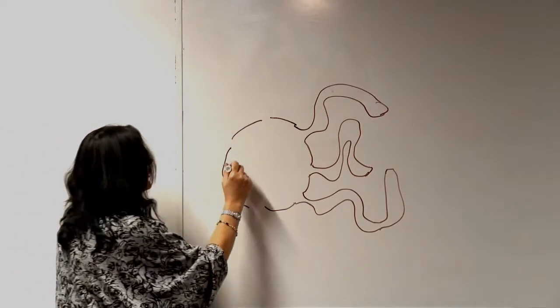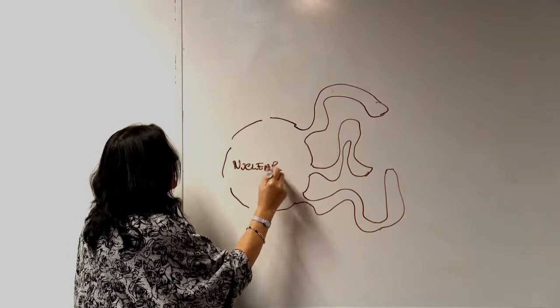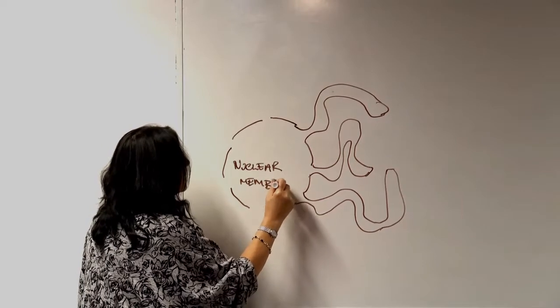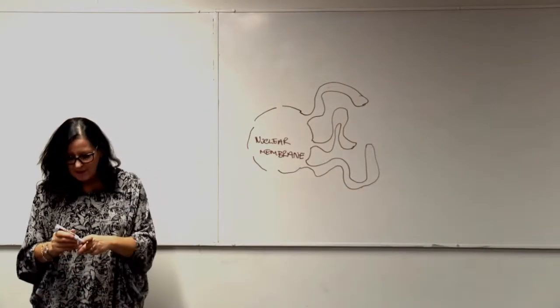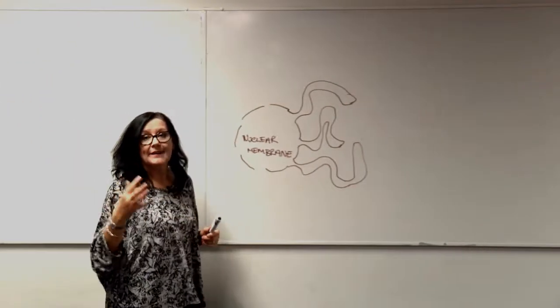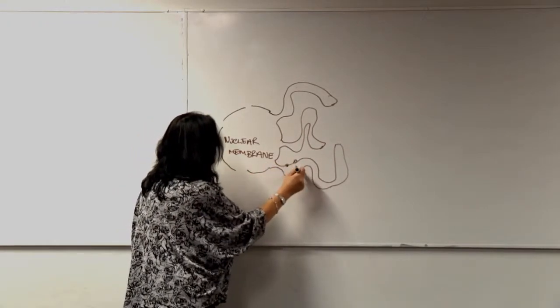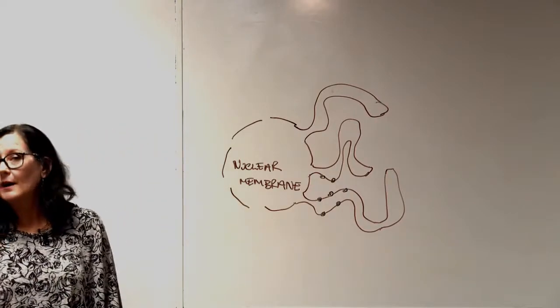So we have the nuclear membrane, and in the early part we have the rough endoplasmic reticulum, because it's studded with ribosomes. Ribosomes made of ribosomal RNA.